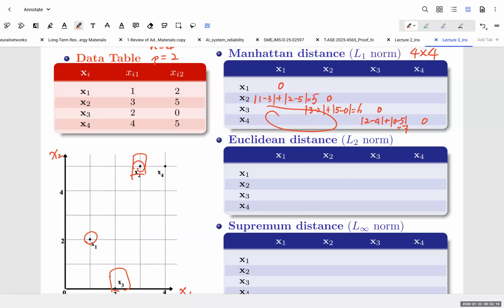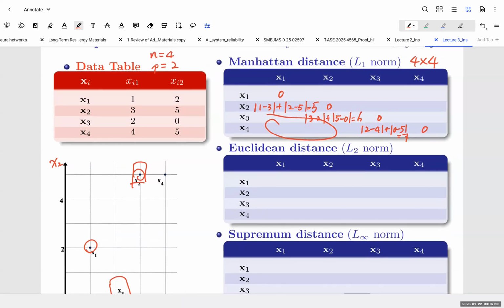Okay, so Euclidean distance. Of course, the diagonal elements are all 0. Then for x1 and x2, square root of 1 minus 3 square plus 2 minus 5 square. And you can calculate the Euclidean distance.